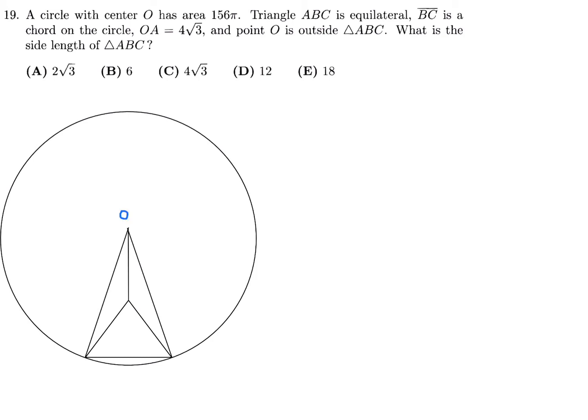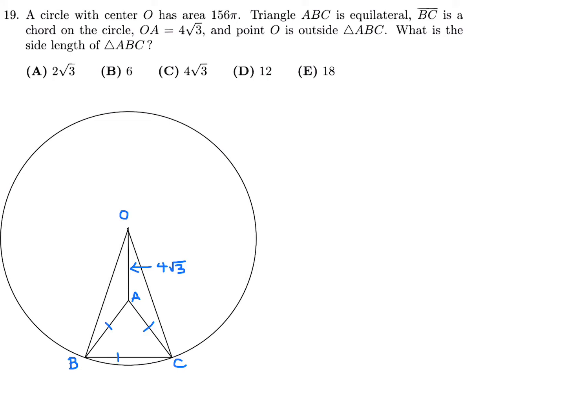So this is obviously O, and this is going to be A right here, B, and C like that. And anything else that they tell me? OA, this distance right here is 4√3, and then I think that's it. And it's equilateral, so I can just make these lines to show that it is equilateral.